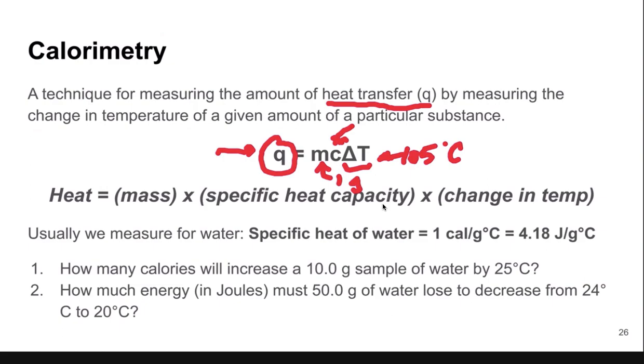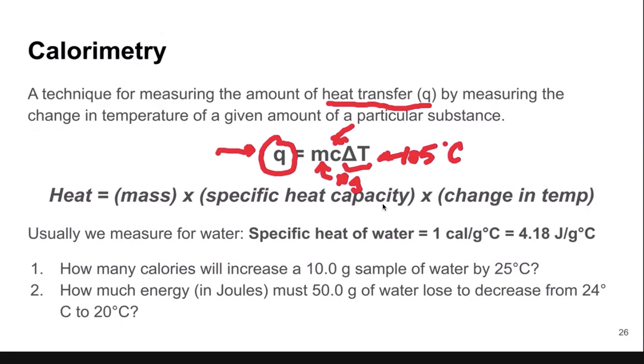Or if instead of a gram I had like 10 grams, if I have more stuff changing by this much temperature, the heat transfer also would have been bigger. So it relates to mass and temperature, and that makes sense. But what is this specific heat capacity thing? Where does that come into play?